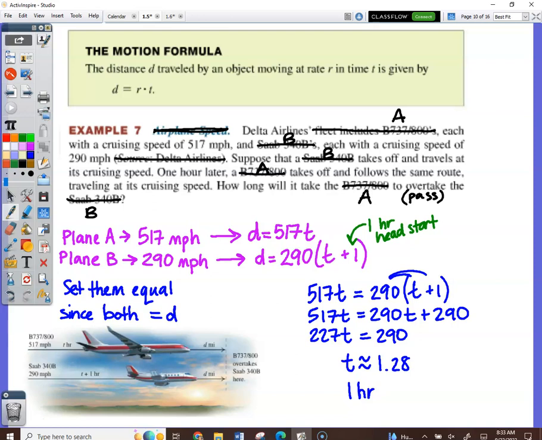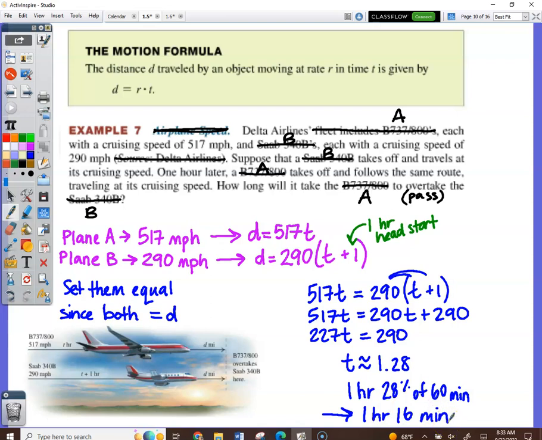So I'm going to write right here, it's 1 hour and 28% of 60 minutes. This is how we're getting it. So go to your calculator and do 60 times 0.28. And you get 16, right? So 1 hour and 16 minutes.